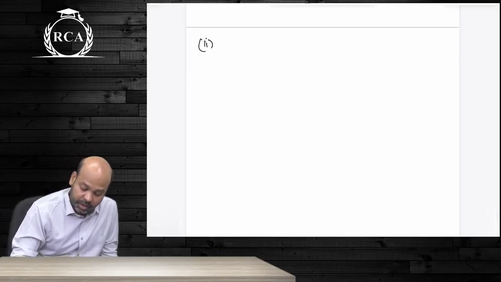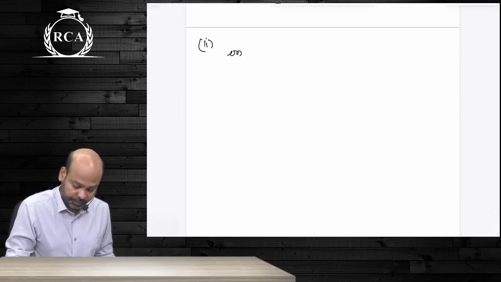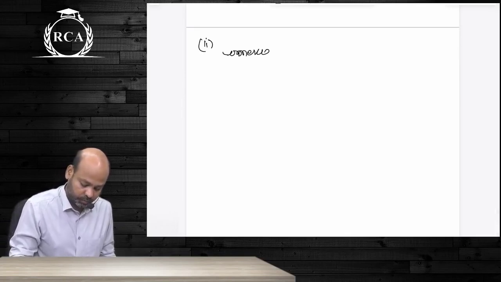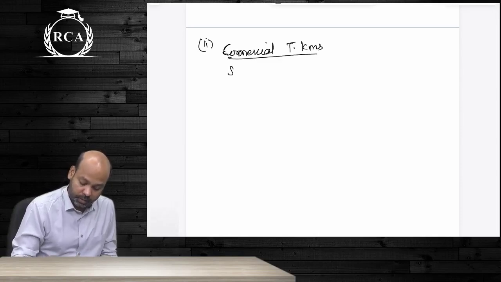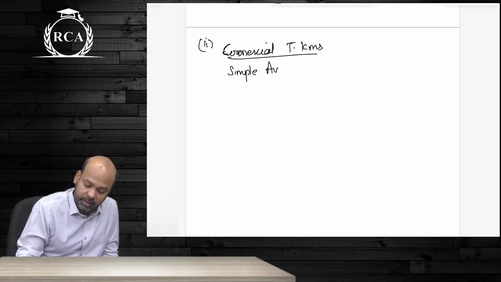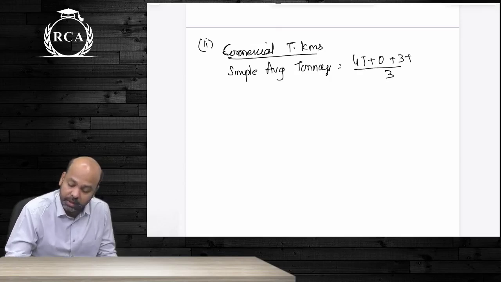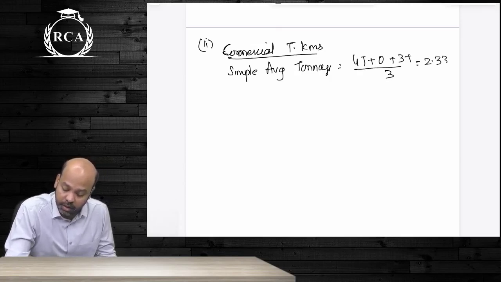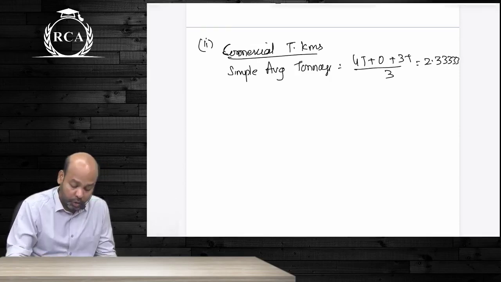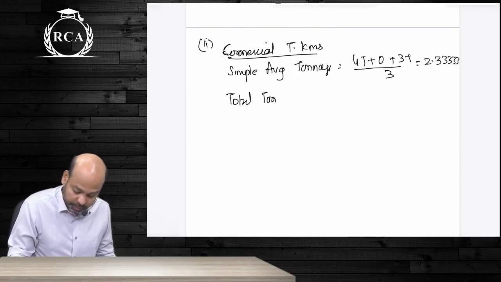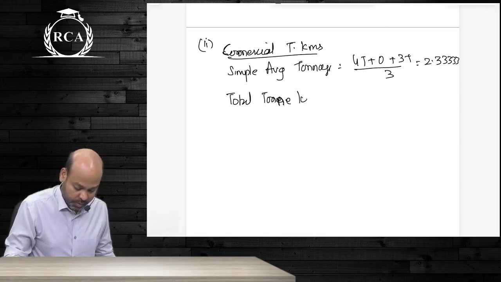If it is commercial ton kilometers beta, simple average tonnage beta would be 4 tons plus 0 plus 3 tons divided by 3, 2.33333. Total ton kilometers, guys, would become 2.333333 into 500 kilometers per day.